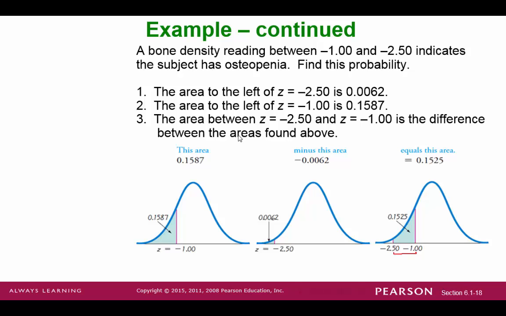And so what we have for our result here is that the probability that our z-value is between negative 2.5 and negative 1 is equal to the normal CDF of negative 2.5 to negative 1 with a mean of 0 and standard deviation of 1, and then that result is 0.1524.